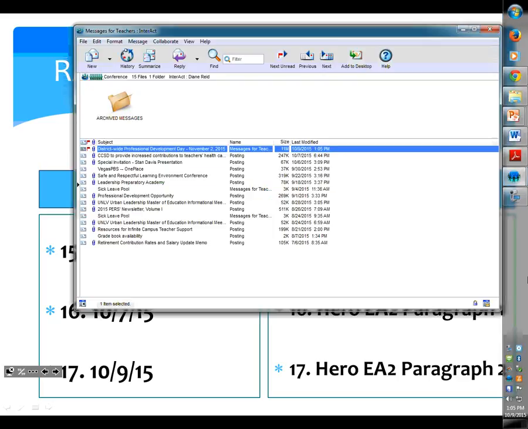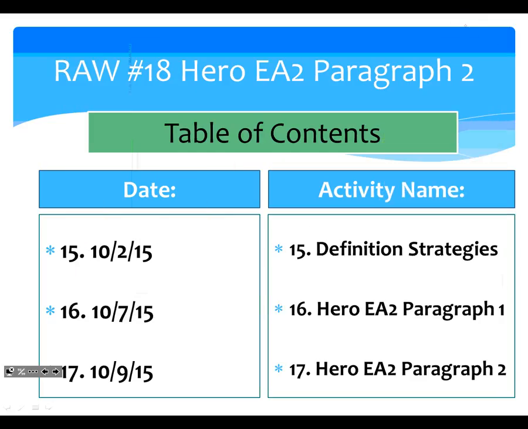Could you do me a favor, Grant, and minimize that box that just popped up on the screen? Thanks. Alright, so this is activity or RAW entry 17, and we're titling this Hero EA2 paragraph 2. So this is the second body paragraph that you are making for your definition essay of what makes a hero.